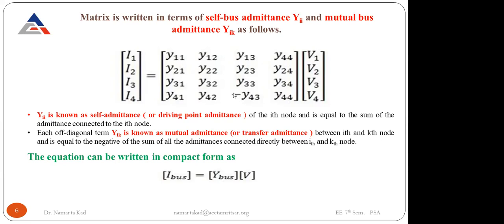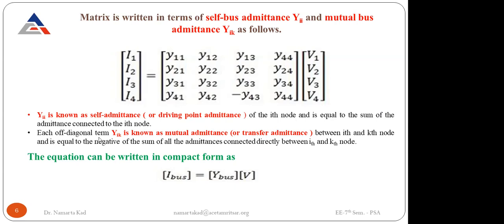And similarly here is also a correction: it is positive 543, there is no negative sign. Yii is known as the self admittance, or also called the driving point admittance of the ith node, and is equal to the sum of the admittances connected to the ith node.